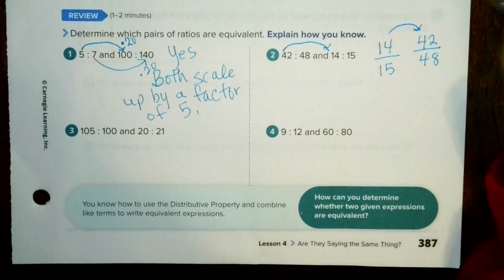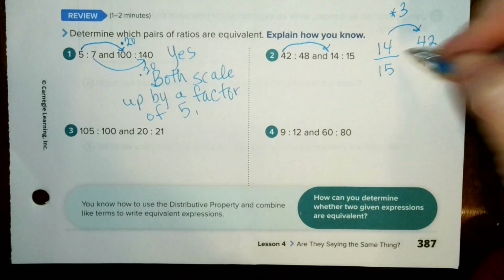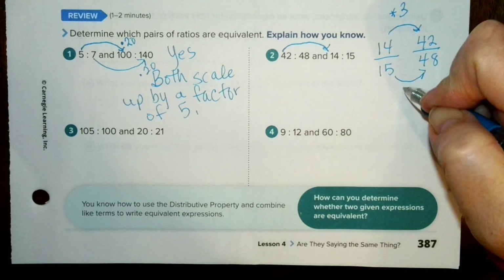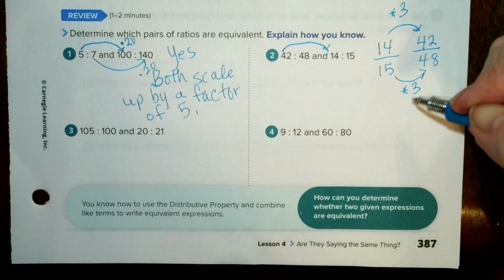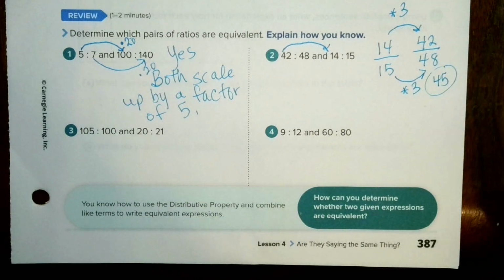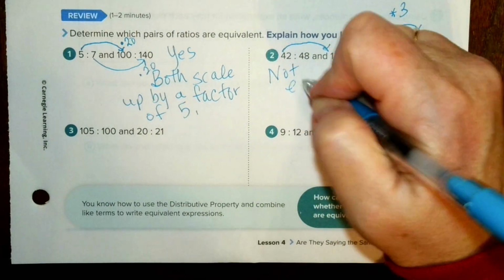So if I did a times 3, 14 times 3 is 42. Is 15 times 3 48? No, 15 times 3 is 45. So these are not equivalent.